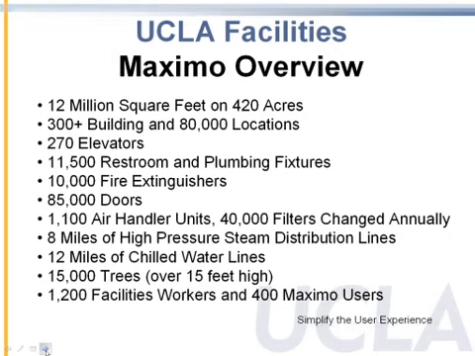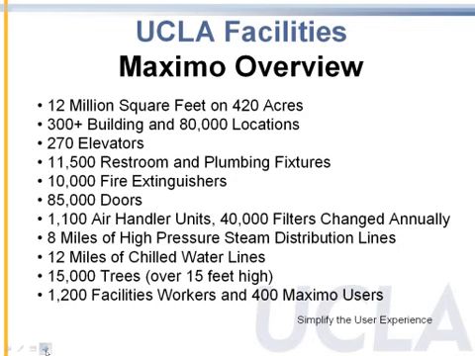So let's talk a little bit about UCLA and what we do here. We're probably the most densely populated in terms of square footage for the space that we have. As you can see, we got a lot of buildings and locations, and we do elevators and restrooms and plumbing.